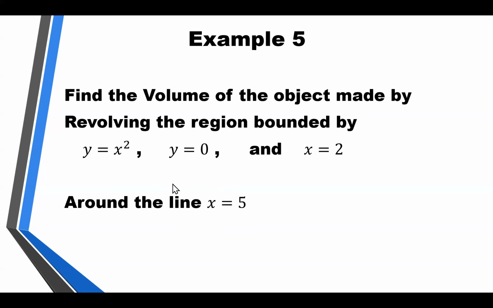The nice thing about this is that most of the work is done for me. In fact, the only thing that's going to change, since we're using the same region, is the radius. The radius is going to change, but we're still going to have the same bounds. And the height of the cylinder, the height of the shell, is going to be the same as well.